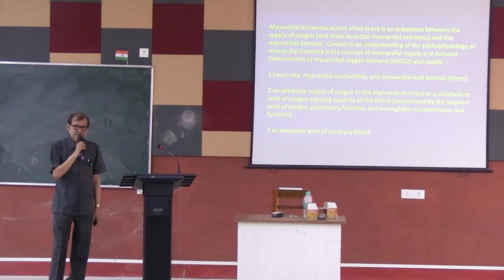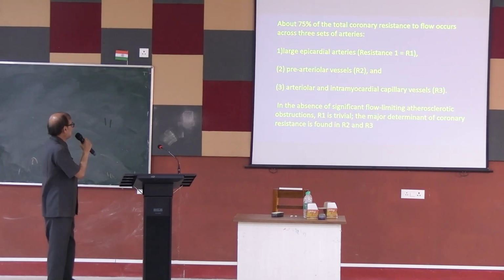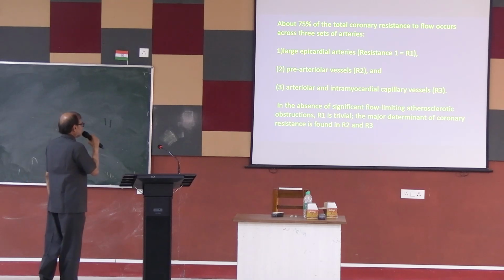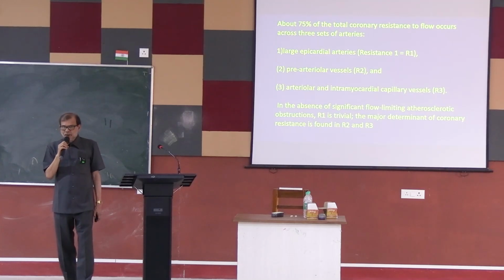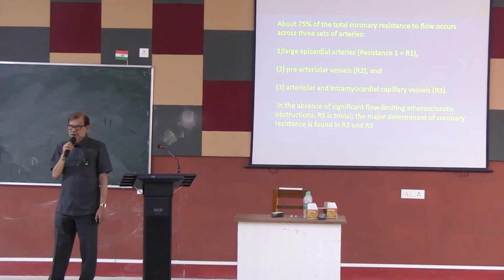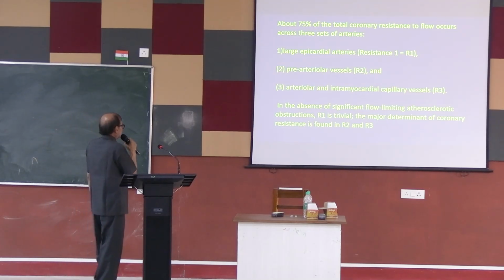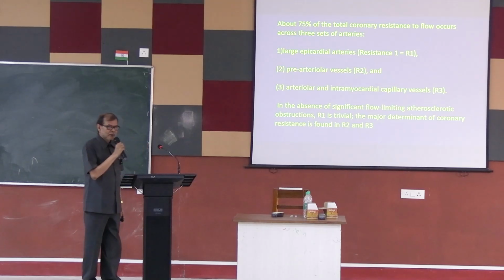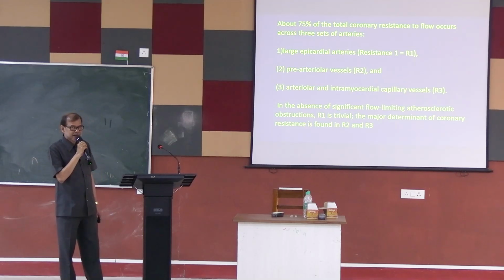The majority of the vascular resistance to coronary blood flow is dependent on three sets of arteries and arterioles: large epicardial coronary arteries, resistance 1, pre-arteriolar small arteries, resistance 2, that is R2, and lastly arteriolar and intramyocardial capillaries and arterioles, that is R3.